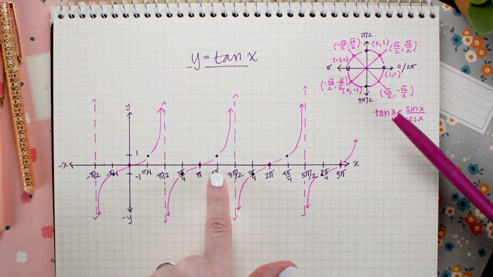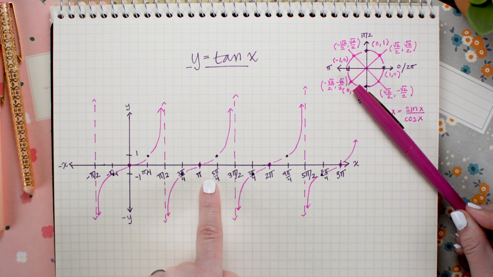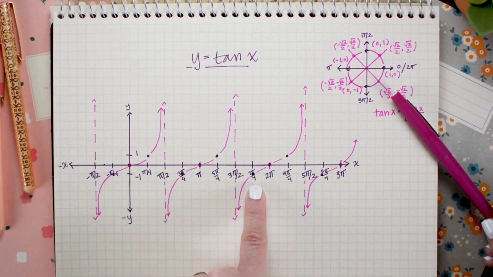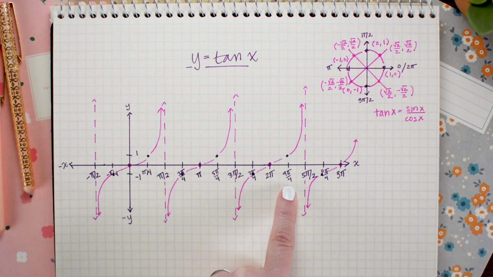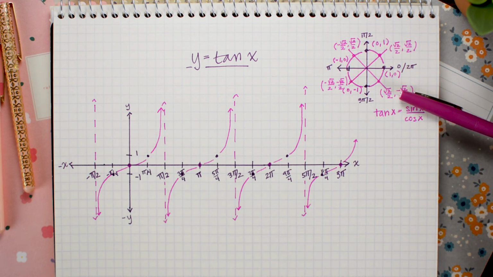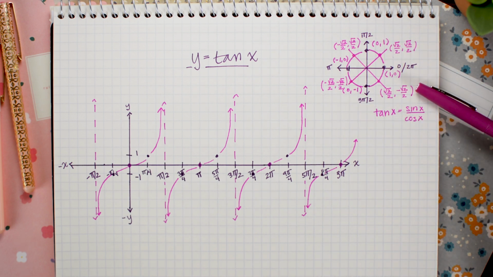I could go to any of these, 3 pi over 4 or 5 pi over 4, 7 pi over 4, 9, and then it rotates around and around and around. And I think you get the point by now. So what is really happening here is we are just taking these points that we could generate from the unit circle, from triangles, which is what trigonometry is all about, the study of triangles. We have organized them in this nice pattern. We have defined sine, cosine, and tangent from that.